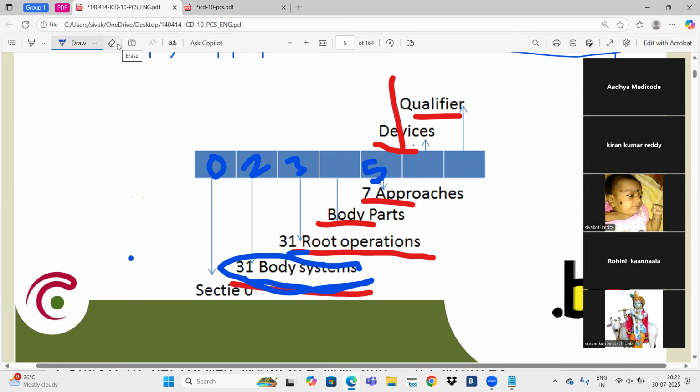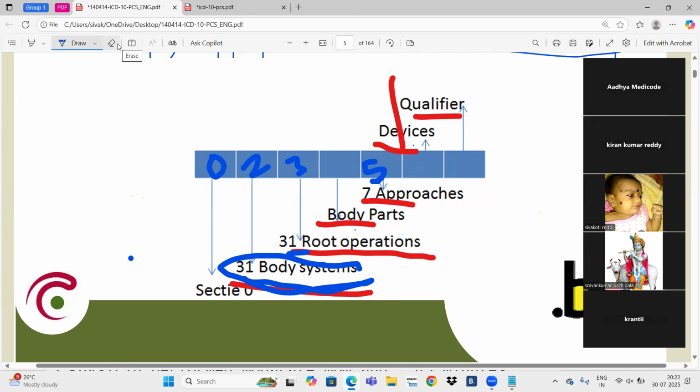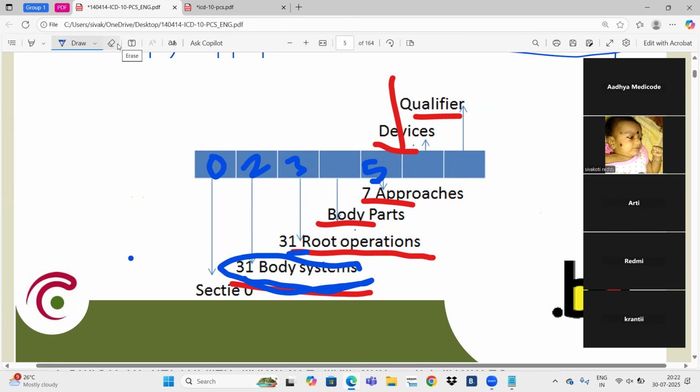Respiratory system, digestive system, skeletal system, cardiovascular system, endocrine system, circulatory system, integumentary system, very good. Nervous system, musculoskeletal system. So you have the idea.